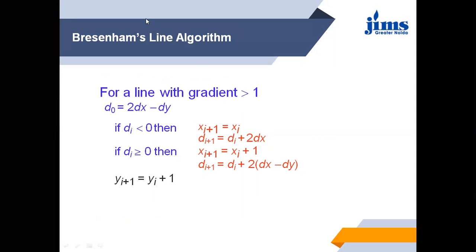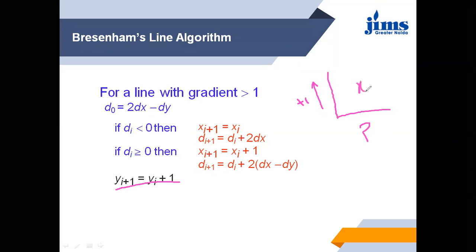In this case also, the next coordinate in y direction is plus 1 every time, means incrementing by 1, and we have to find out the value of the next pixel in x direction.